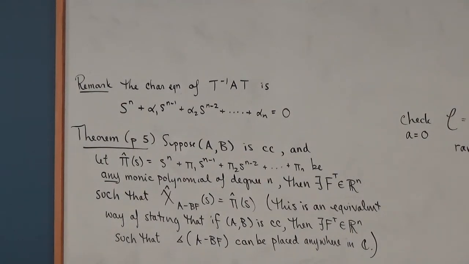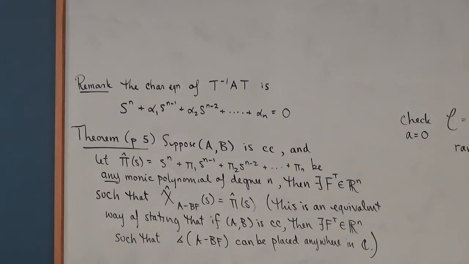And then once the system is in controllable canonical form, you can see very easily, maybe you can see directly now by the structure of A and B, that if you take the new B, the T inverse B, and you apply that in closed loop, so you have A minus BF, and you look algebraically at that, what that BF does is it just affects the bottom row of this matrix here. So it just affects the coefficients of that characteristic polynomial. And that's what you've seen if you've already done problem 5 of the homework, where I ask you to just do this explicitly.